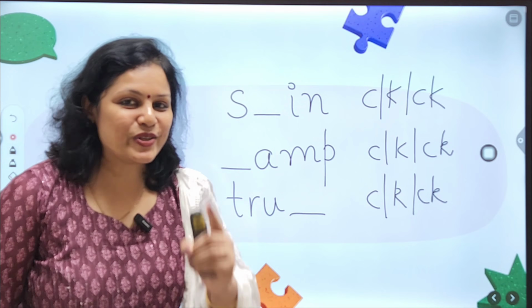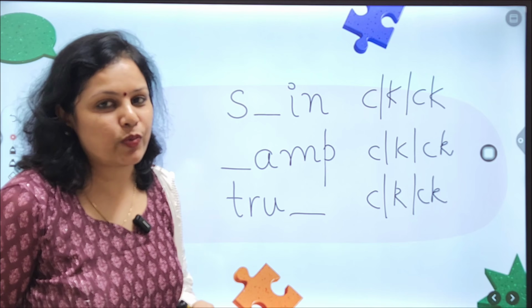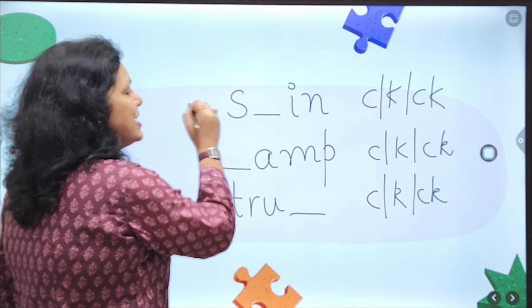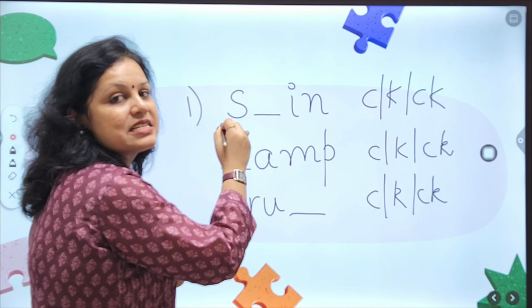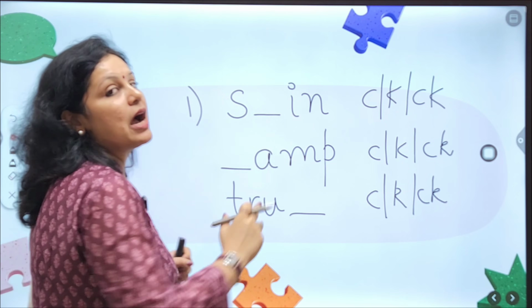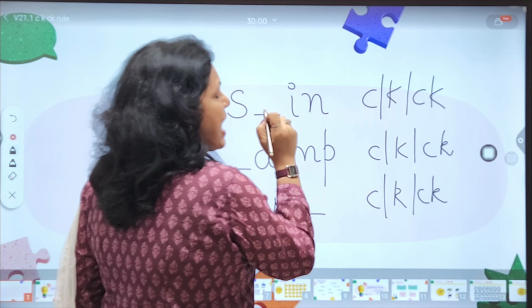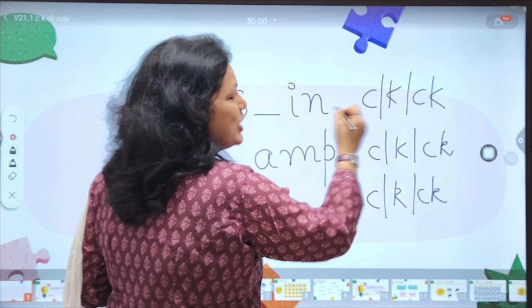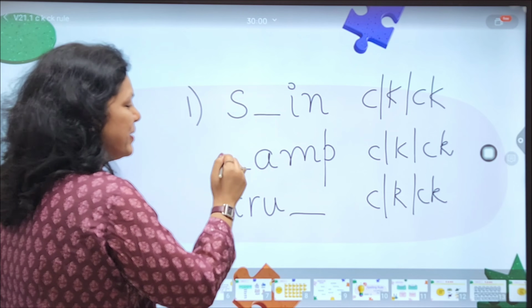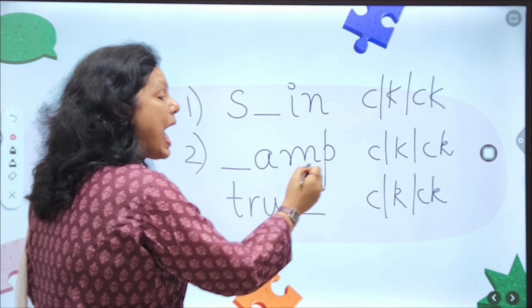Now it's your turn to tell me what K sound will come in these 3 examples. First one, skin, skin. So you need to see what is the letter that is coming after the K sound. Is this the I sound? And the I sound is the friend of which letter? You need to tell me. Similarly, camp.